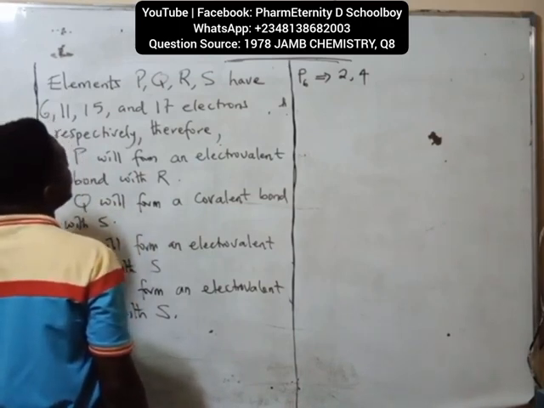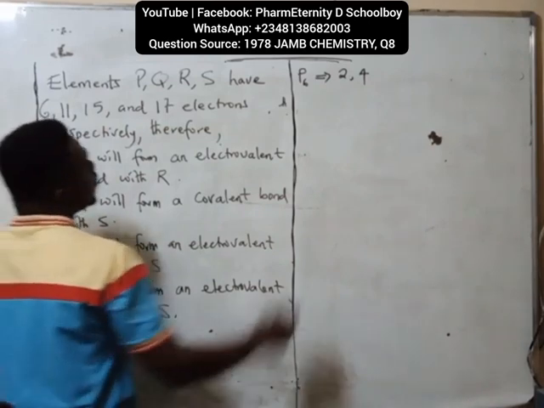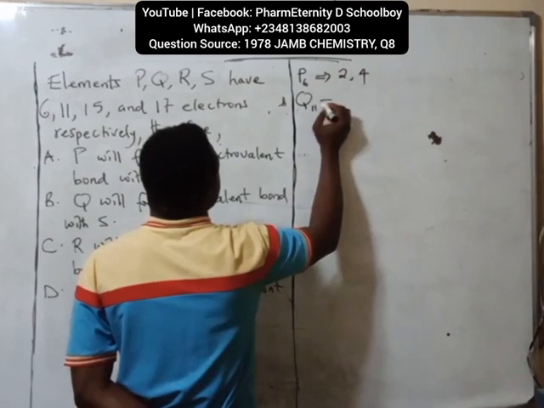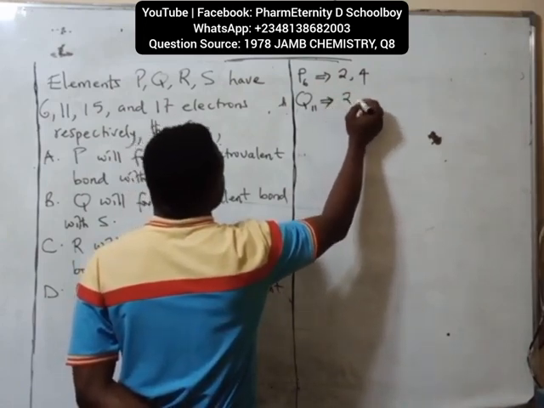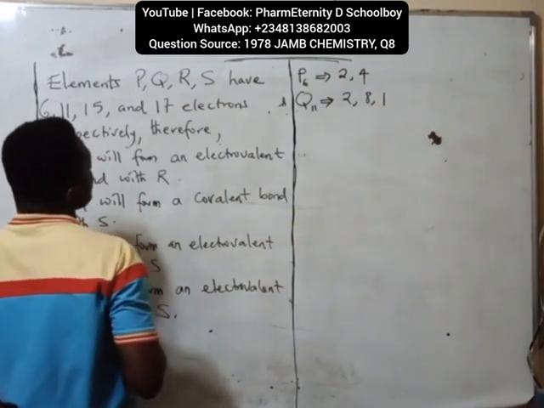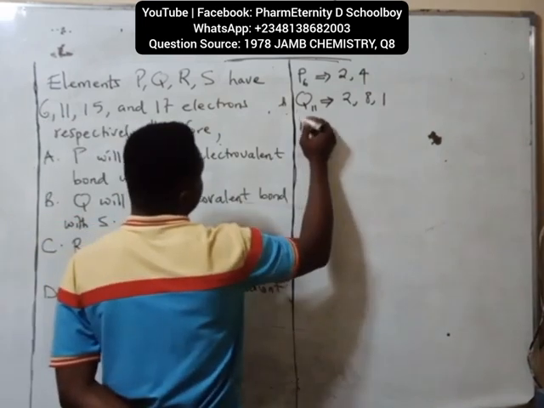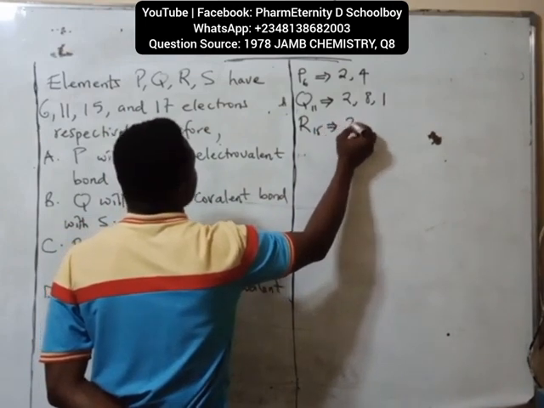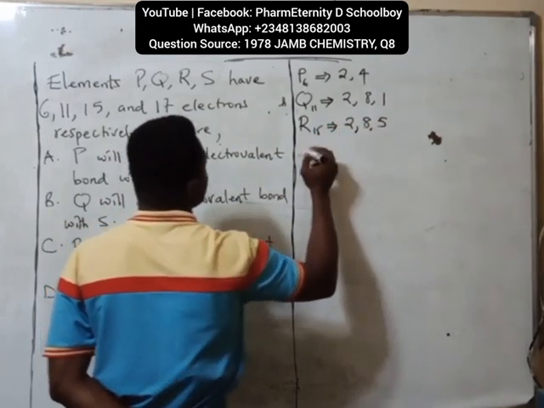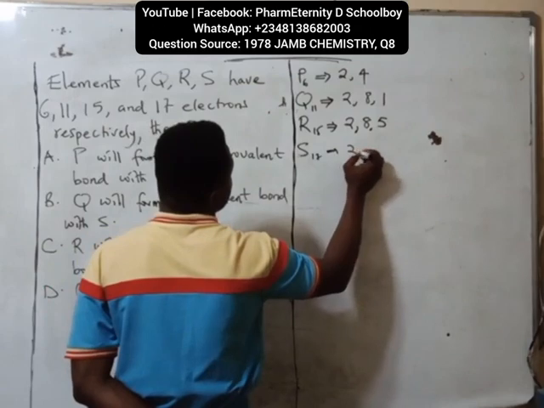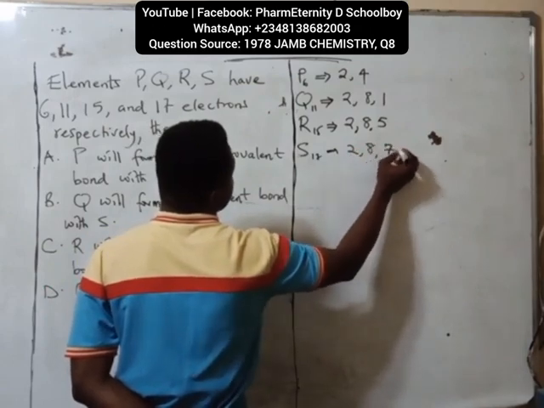Then for Q, which has 11, we have 2, 8, 1. For R, which has 15, we have 2, 8, 5. Then S has 17, so we have 2, 8, 7.